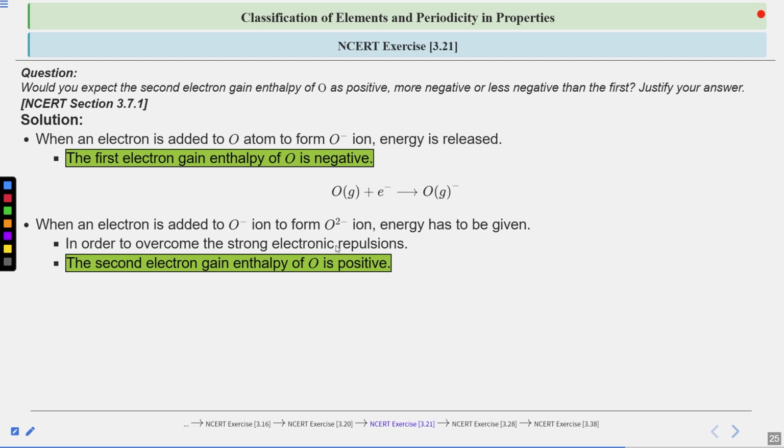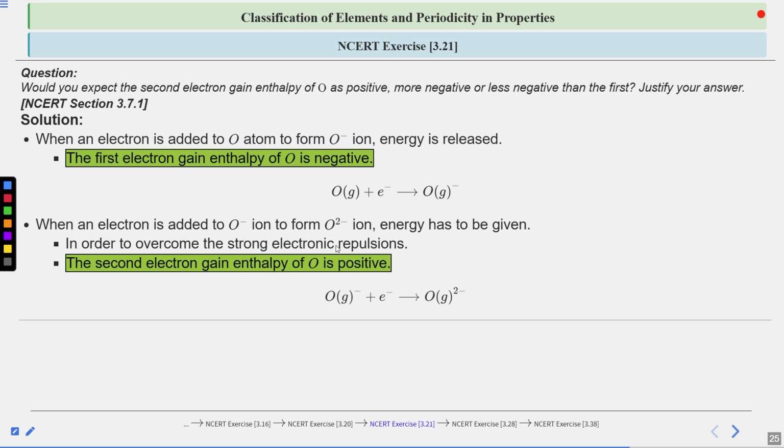So, this is the tricky part. Although you are adding an electron to an already negatively charged species, since you are giving oxygen a stable electronic configuration, which is a complete octet one, therefore the second electron gain enthalpy of oxygen is positive.